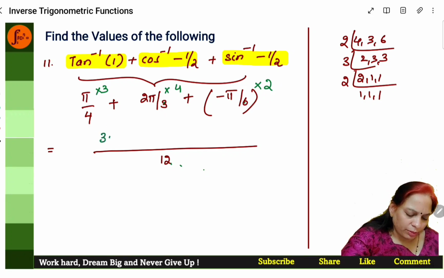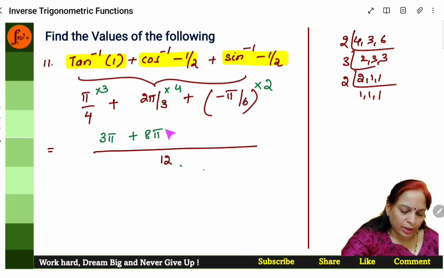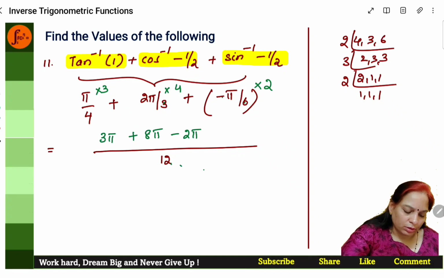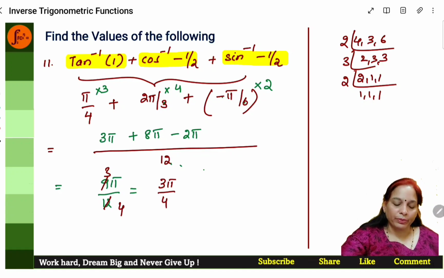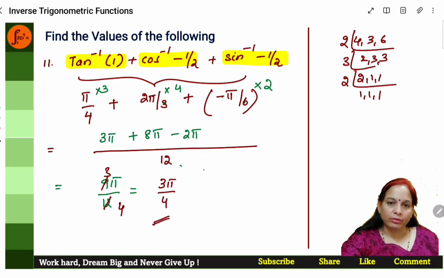So it's going to be 3 pi plus 2 pi into 4, 8 pi, minus pi into 2 is minus 2 pi. So this is going to be 9 pi by 12. This is nothing but 3 3s are, 3 4s are, so I'll get 3 pi by 4. So this is the answer, 3 pi by 4.